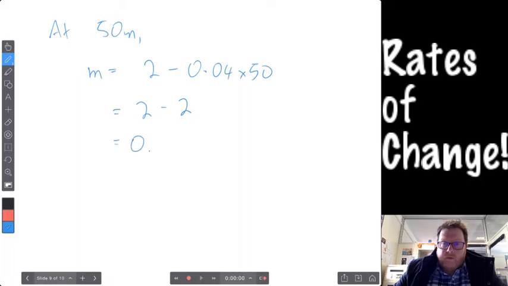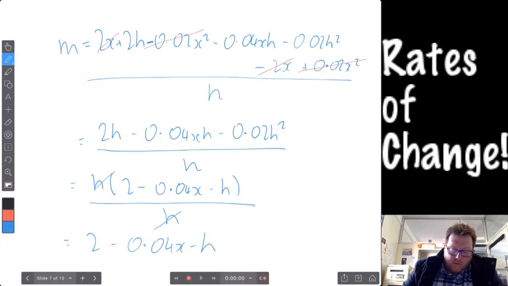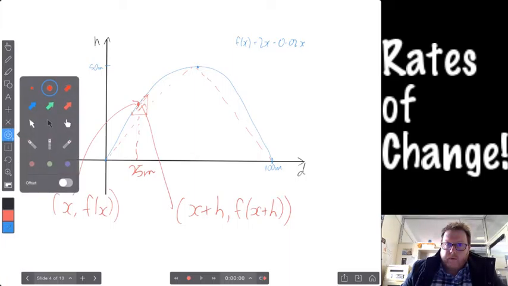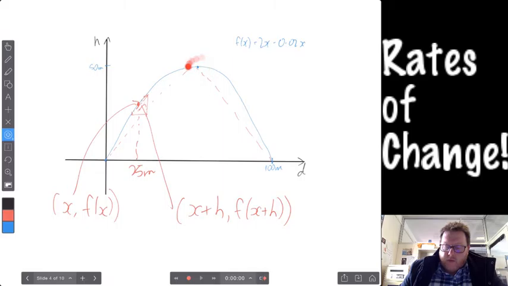The gradient is 0, which means it is traveling 0 meters high for every meter across. If I look at my graph, it's that point there. So at 50 meters, the ball has reached a resting point, which we call a turning point, and then it will start decelerating here.